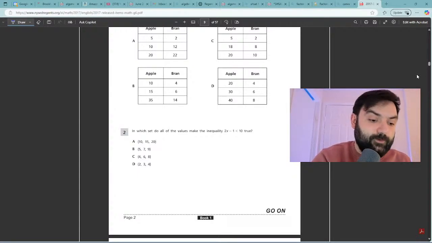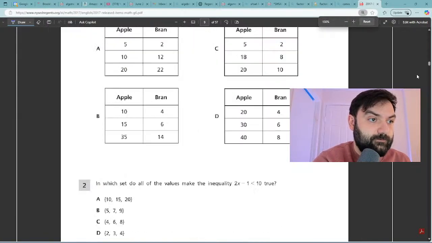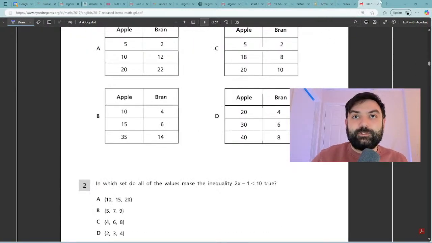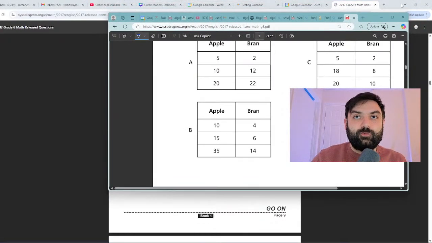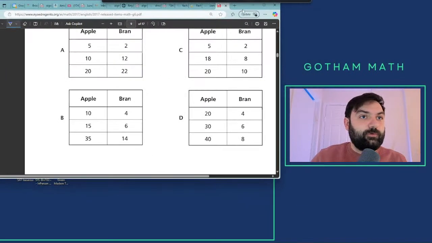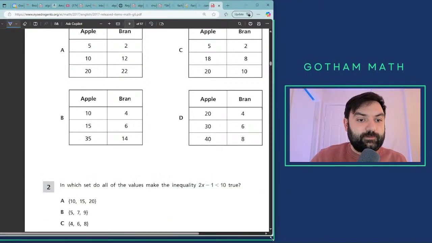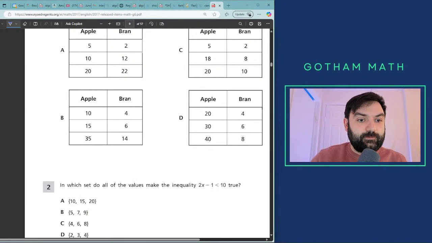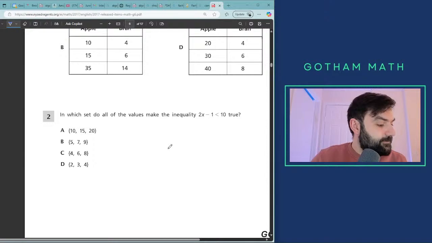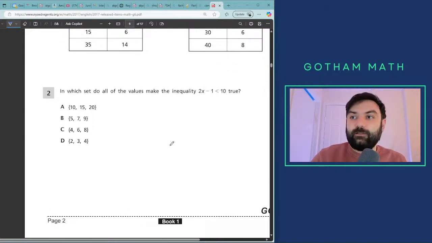We're starting from question number 2 of the 6th grade state test.